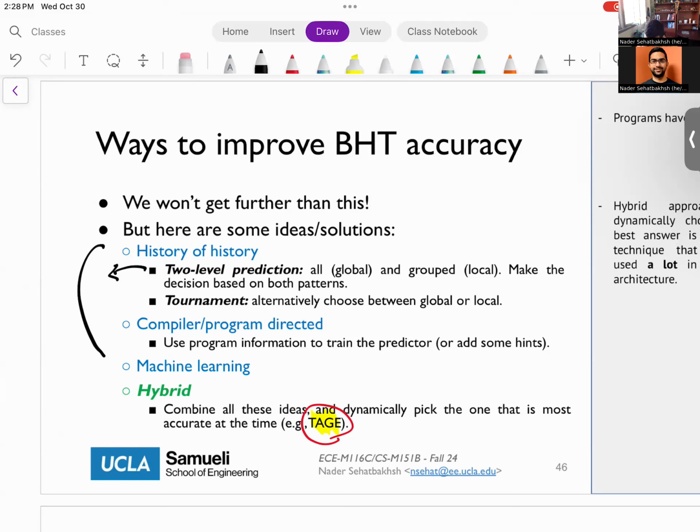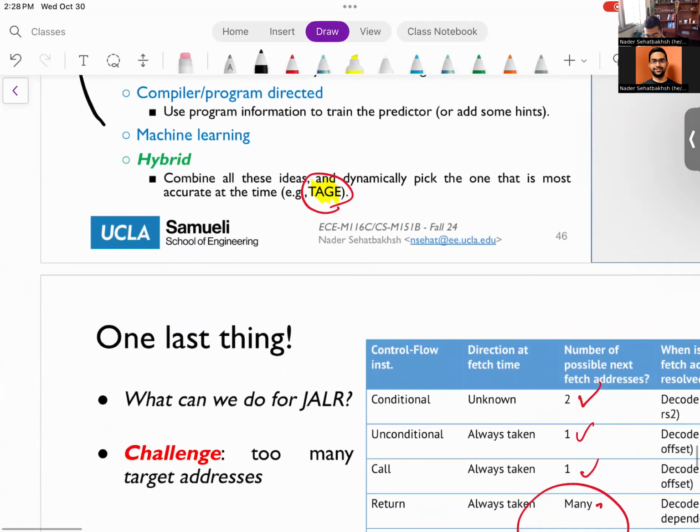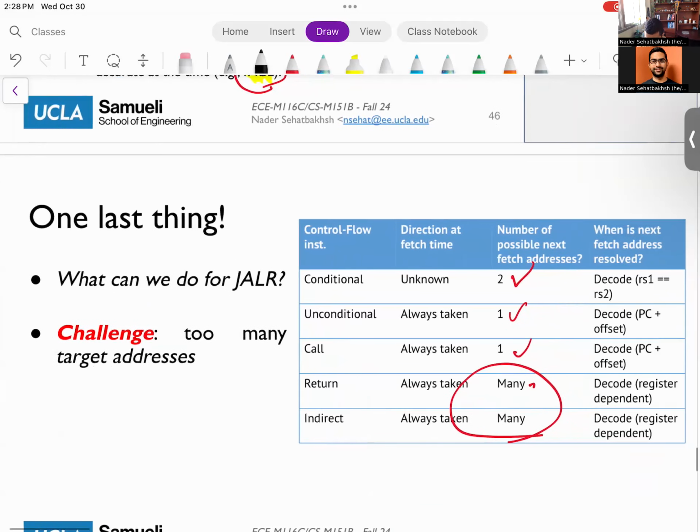But a few other things I want to quickly mention before we wrap up the discussion on the branch predictor. If you remember, we talked about various different types of branches: conditional branches and unconditional branches. For conditional branches, the branch predictor helps. For unconditional branches, the BTB fixes that. For calls, also the BTB fixes that.